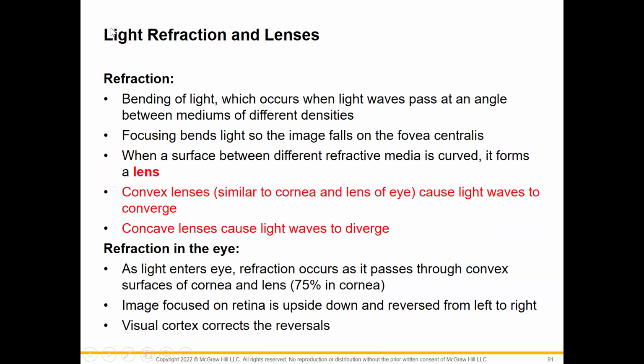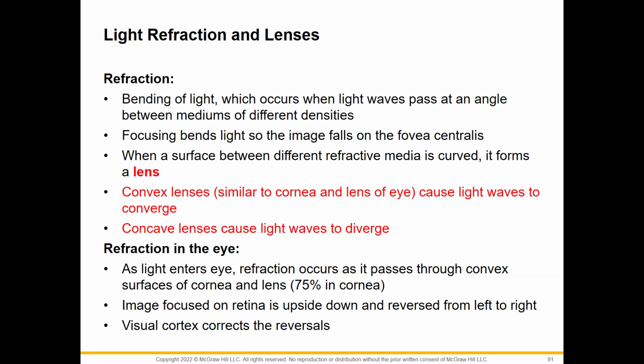So then, light refraction and lenses. Let's talk about lenses: convex lenses and concave lenses. Convex lenses are similar to the cornea and the lens of the eye. These are lenses that move out, and this causes the light waves to converge. Let's say you have light coming from multiple different sources, which you do. Once that light hits a convex surface, all of that image comes and meets at one point.